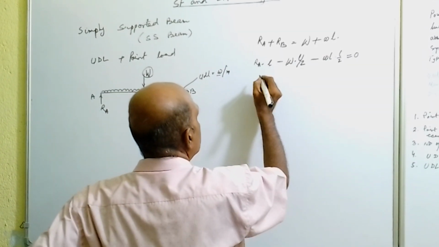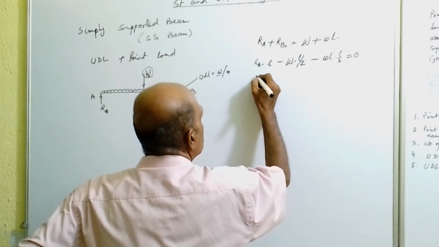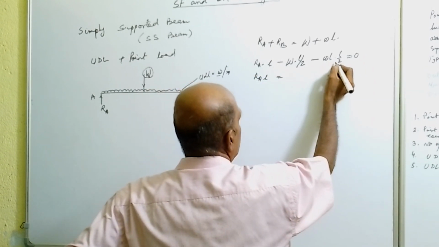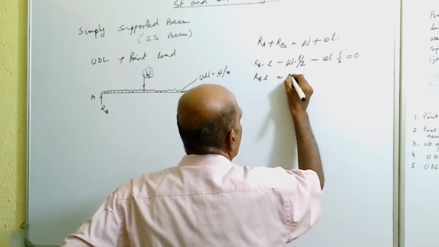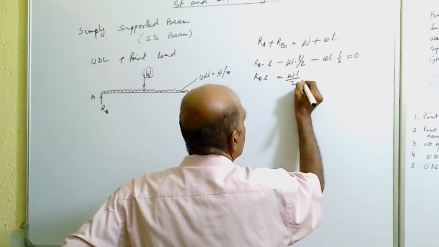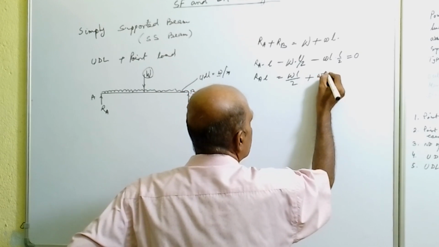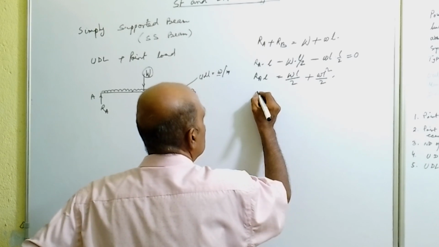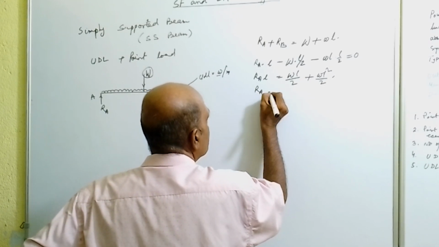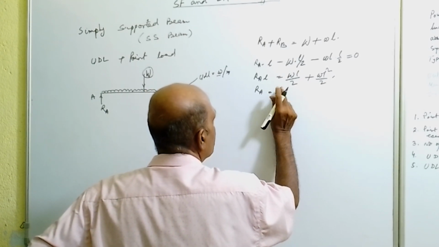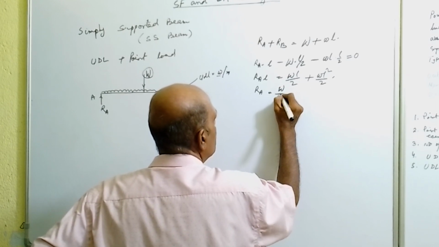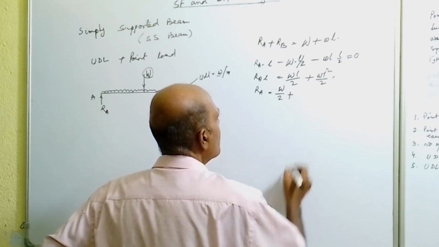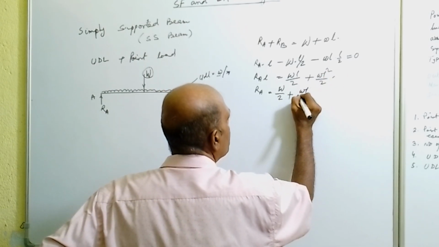So RA into L, that will be equal to capital W into L by 2 plus wL square by 2. So RA becomes capital W by 2 plus w into L by 2.